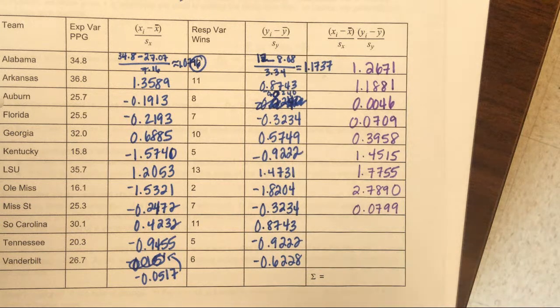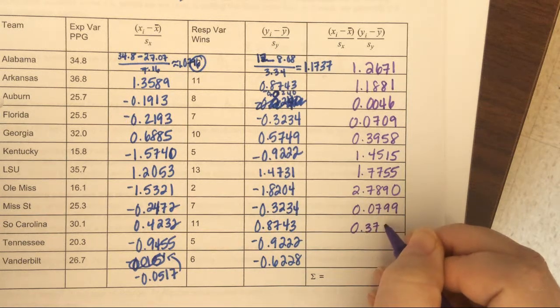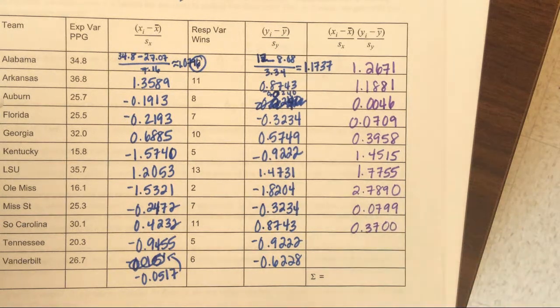We get positive 0.0799. It's 994, and I'm saying the 4 doesn't round it up, so I'm going to leave it there. 0.4232 times 0.8743. You get positive 0.37, and then there's a bunch. Sally's not going to write those zeros, but I am. Negative 0.9455 times negative 0.9222.